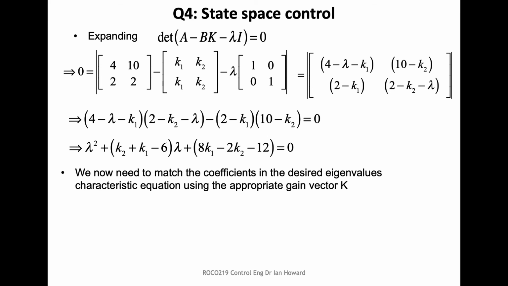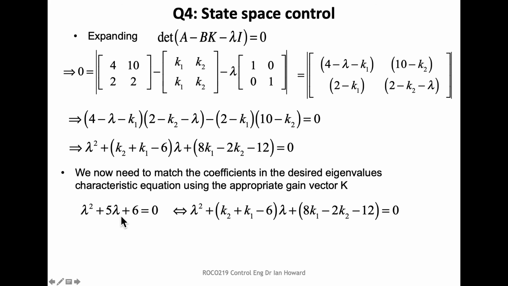Now, what we want to do is find out what K1 and K2 are, so we end up getting the same characteristic equation that we said we wanted when we find a system with eigenvalues of -2 and -3. So we have to say the target characteristic equation, lambda squared plus 5 lambda plus 6, has got to be equivalent to this thing that we've just come up with. By doing that, we can then find out what K1 and K2 are.